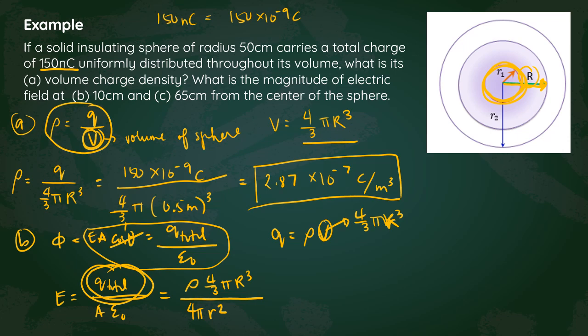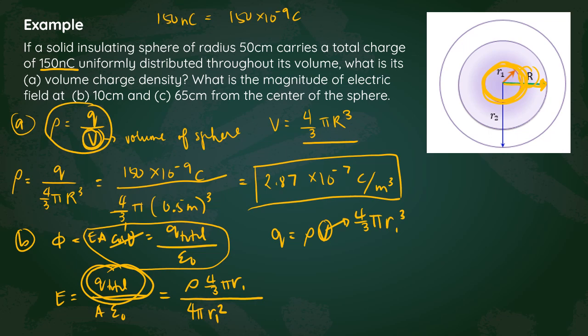But since what we are solving for here is R1, we should make our expressions in R1 so that we don't get confused. So let us rewrite this so that we are guided accordingly. 4/3 pi R1 cubed over 4 pi R1 squared.